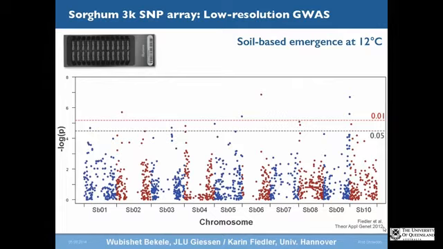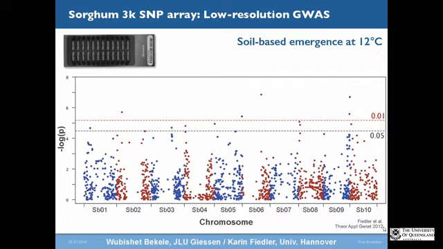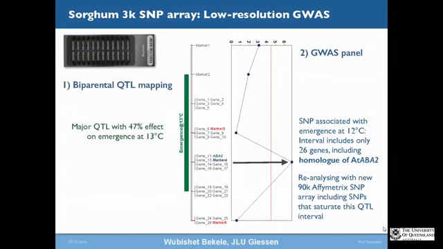Just as an example, if we go from this biparental QTL analysis and try and focus in on interesting parts of the genome with a genome-wide association approach, then we can also see for particular traits, this isn't working anymore, we can get significant genome-wide association study hits, which point us to really sometimes quite narrow regions of the genome where we can look for genes that may be involved in, or may be candidates for the traits of interest, and may be interesting for breeders.